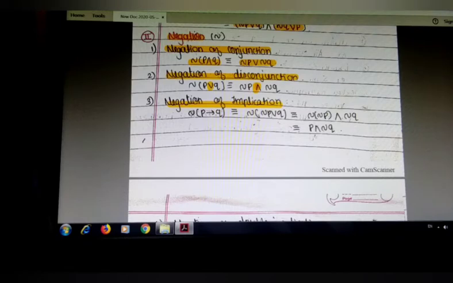Negation of P implies Q is negation of P or Q. So the simplification will be P and negation of Q. Here negation of P will become P and it will remain as it is. Here the OR symbol is exchanged by AND, means it is opposite.